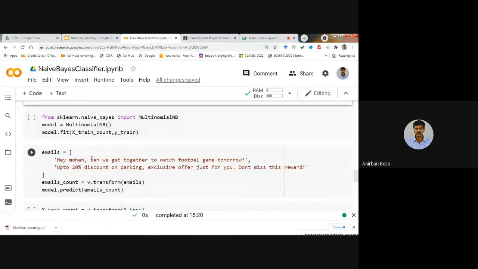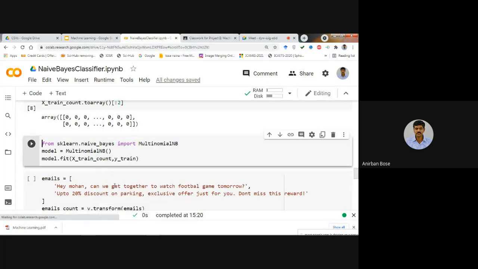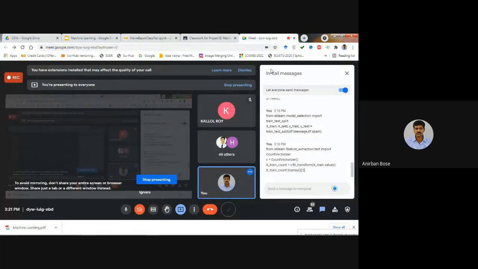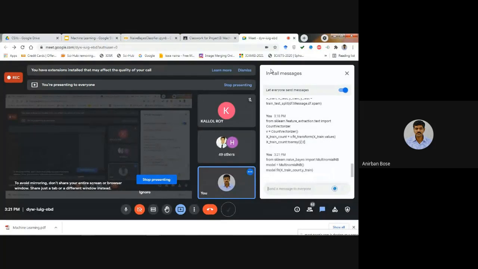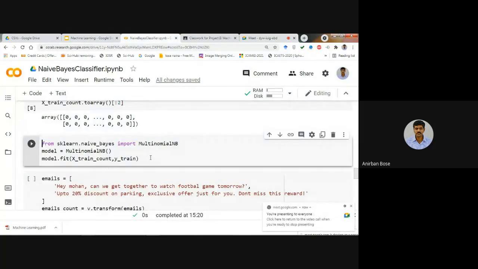And now you see that we will call this multinomial naive Bayes, multinomial NB. Okay, so you just simply do that. It is very simple.